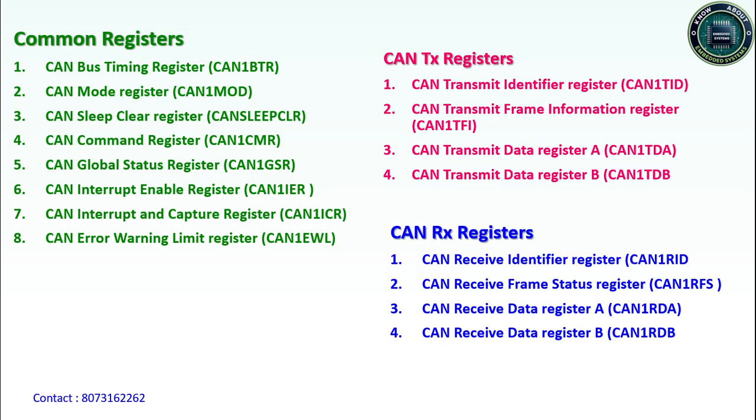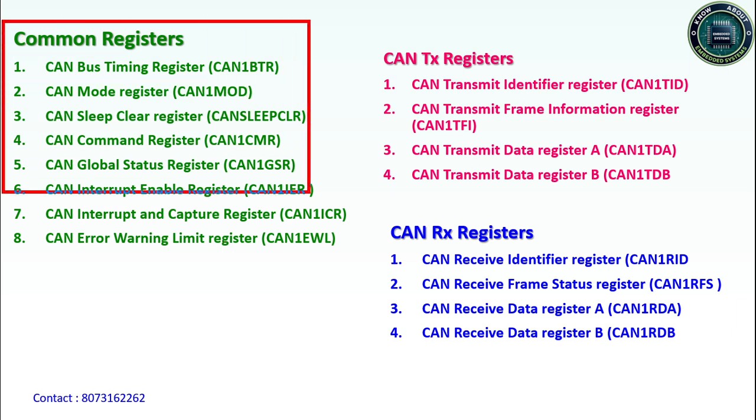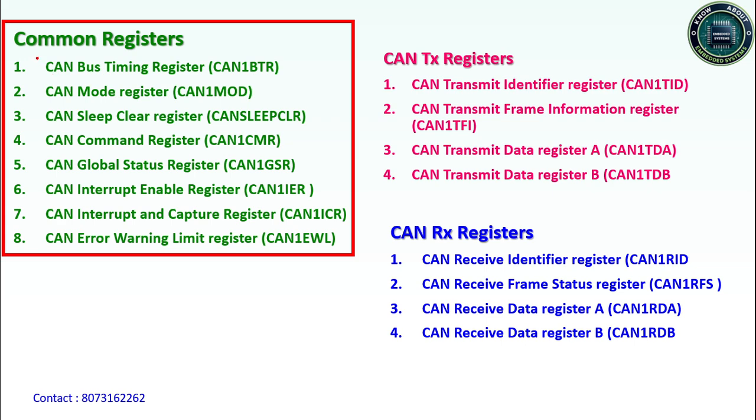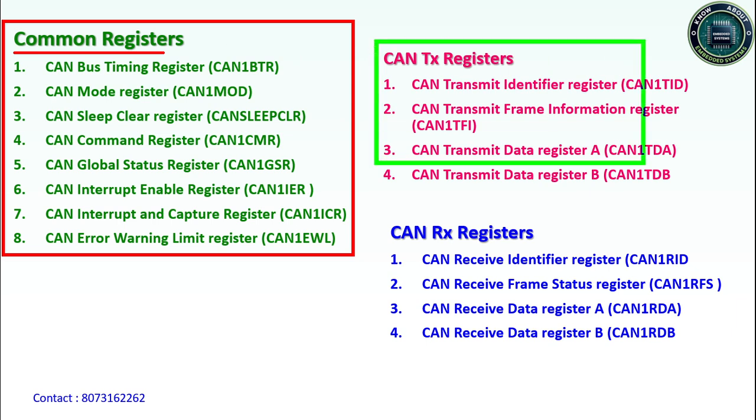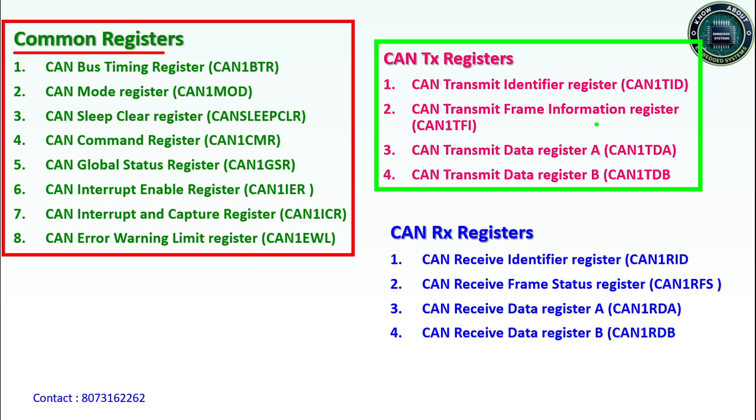So guys, the complete register set in a CAN is divided into three parts. One is the common registers. These common registers are going to be configured on both the TX and RX, that means the transmitter side and the receiver side, both sides. The second set is the CAN TX registers, very simple and straightforward: the registers which are available on the transmitter side.